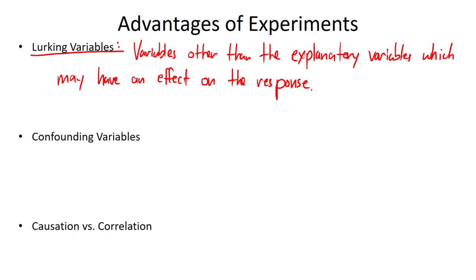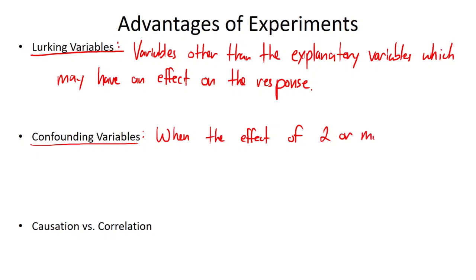And if you don't do a very good job of accounting for lurking variables, you may end up with confounding. Confounding happens when the effect of two or more variables can't be separated.